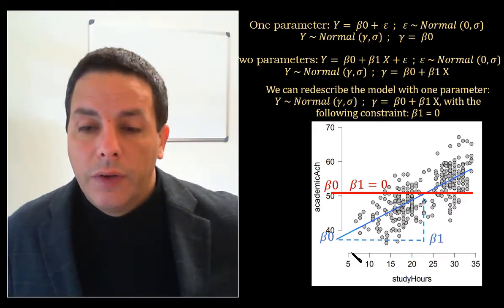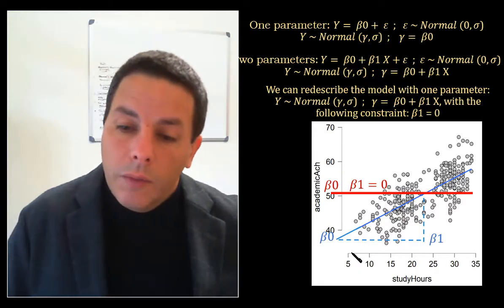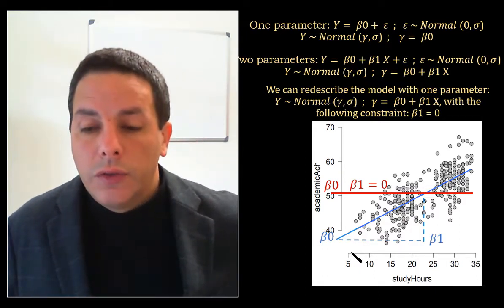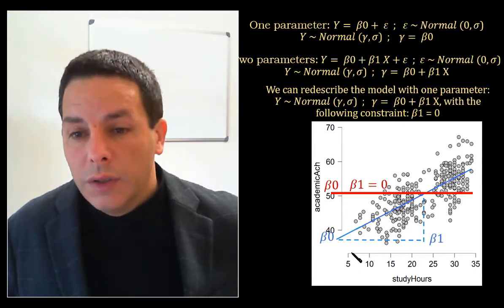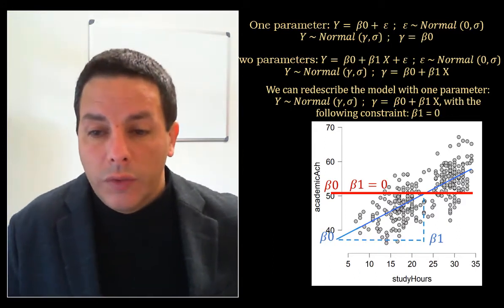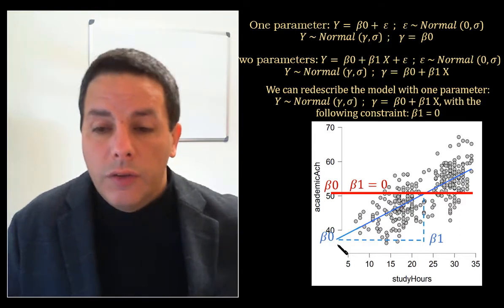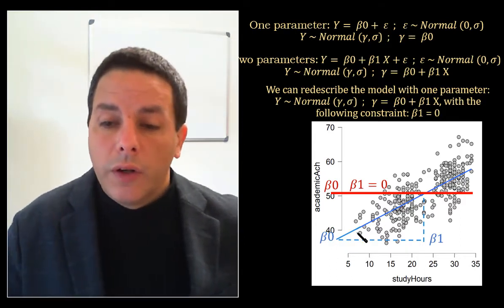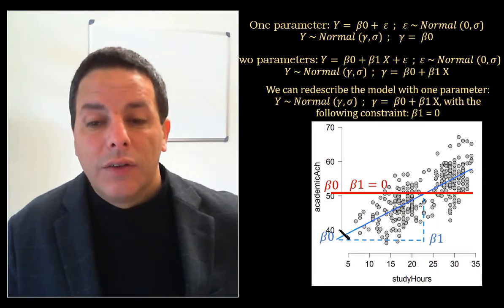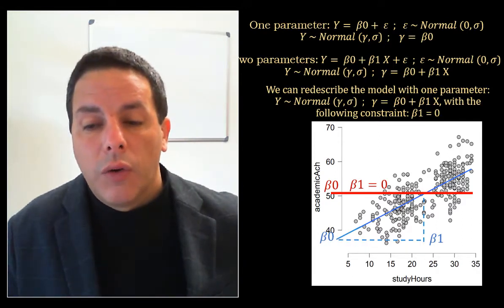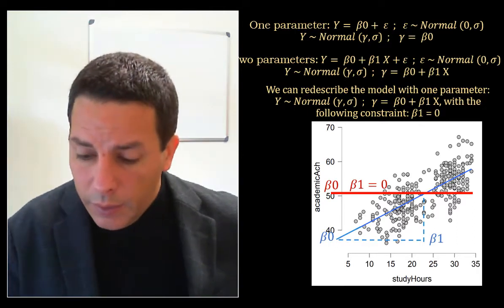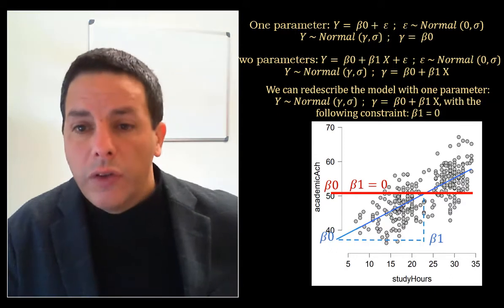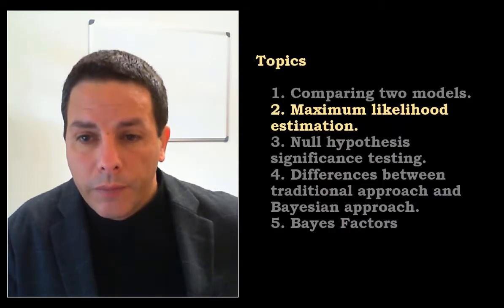If by 1 unit of study hours the increase in academic achievement is 0, we've got no gradient, so we've got that line. If it is more than 0, then we've got a gradient that goes upwards. And if it is negative, then the curve goes downwards. Okay? So these were the two models that we compared.